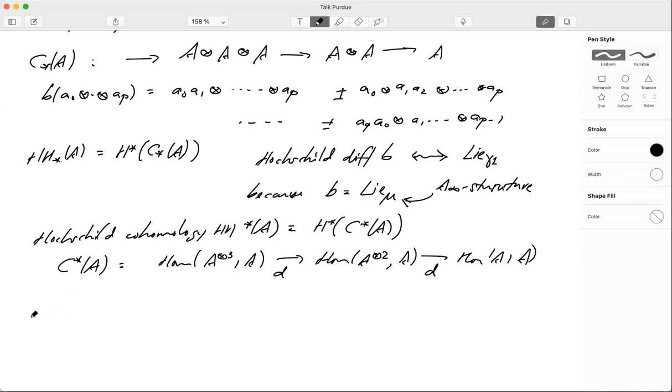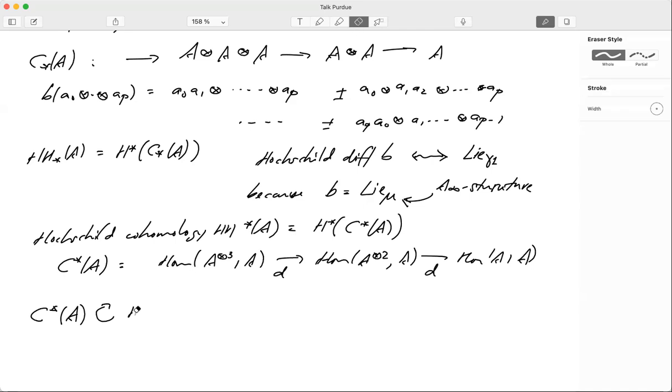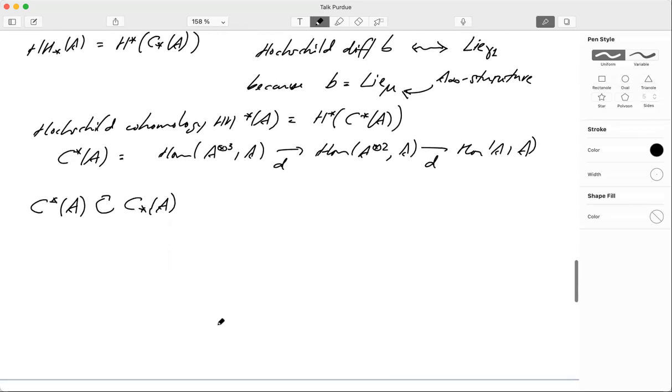And there's an action of Hochschild cohomology onto Hochschild homology, which I'm going to give explicitly by an action of the chain complexes. So there's actually many actions.